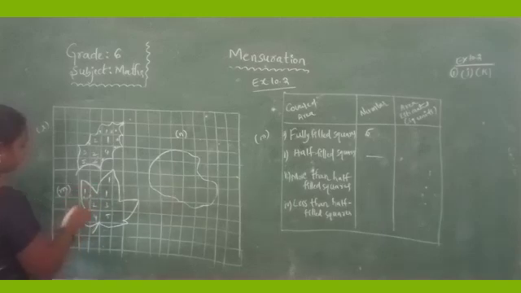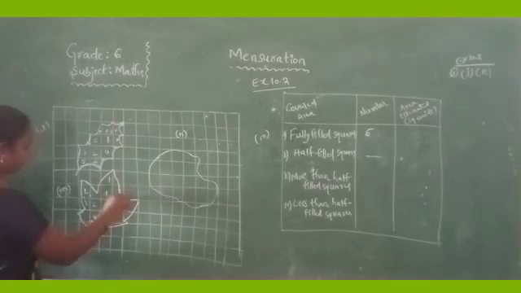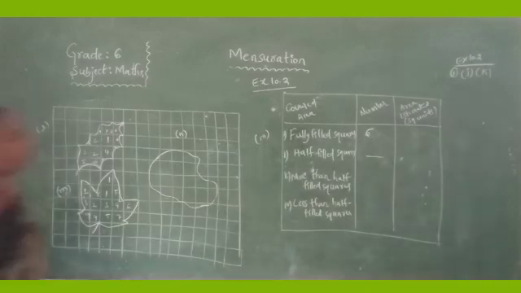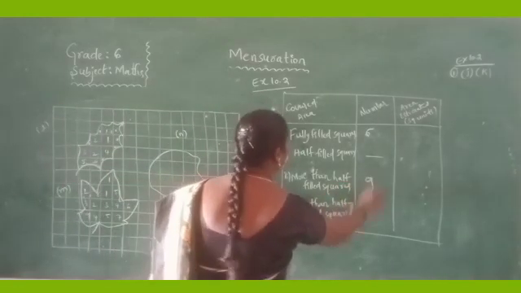Okay. So it is 2. Next it is 3. Next 4. Yes, here also 5, 6, 7, right, this one also 8 and 9. How many are there? Very good. More than half filled are 9.